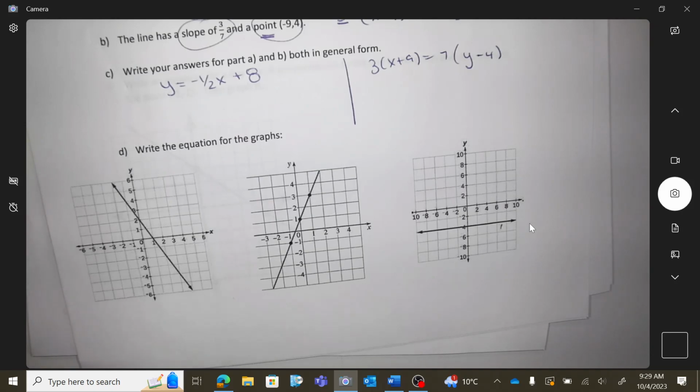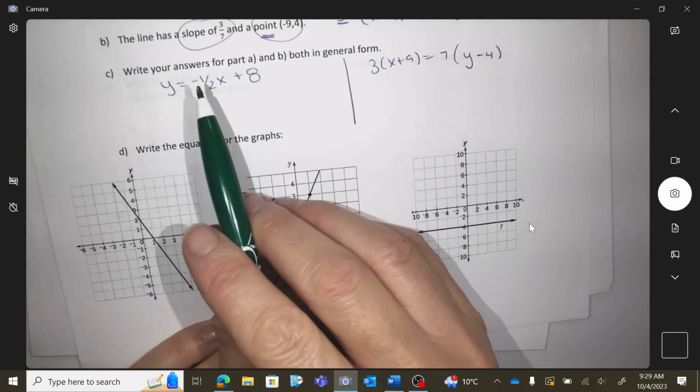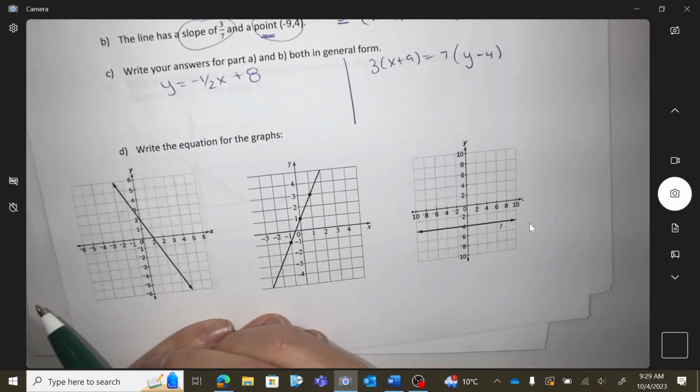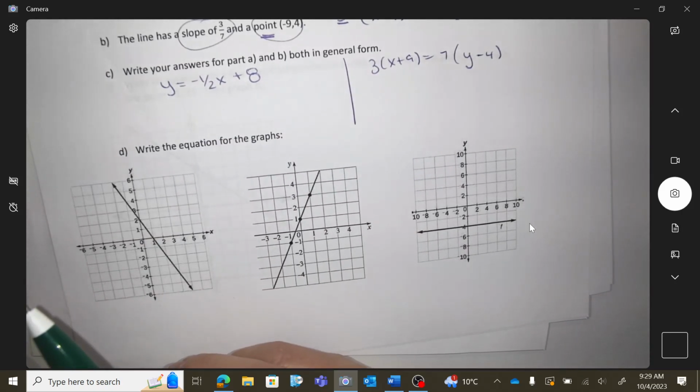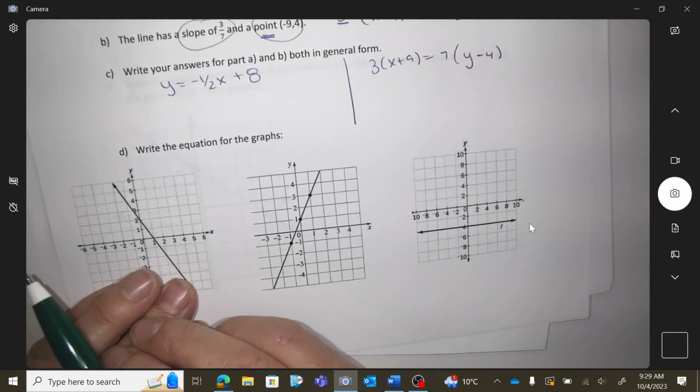Okay, number 1 here, the first one. What would be your algebra first move? How do you start maneuvering this equation? What would be a good first step?